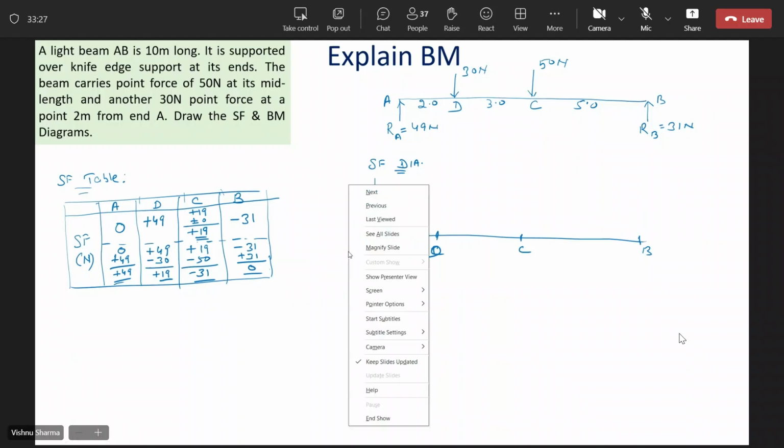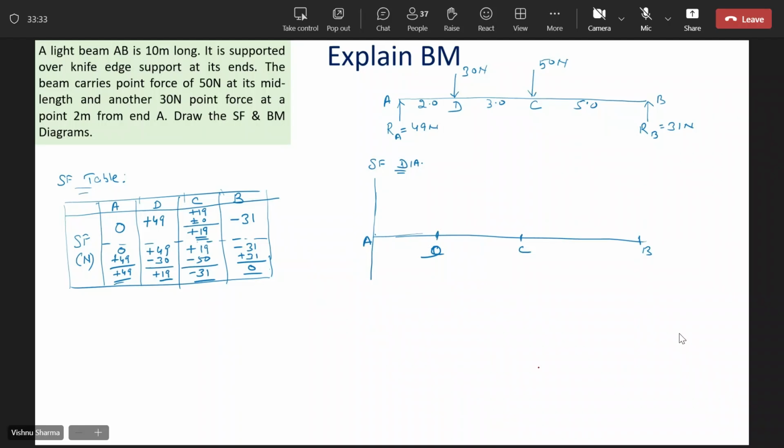At A, I'll use the red marker so that there is no confusion with the axis. At A, it goes from 0 to plus 49. Then it remains plus 49. Then it becomes plus 19, remains plus 19, becomes minus 31, remains minus 31, becomes 0.